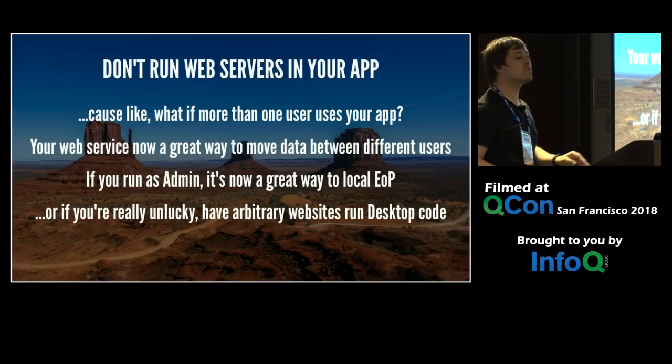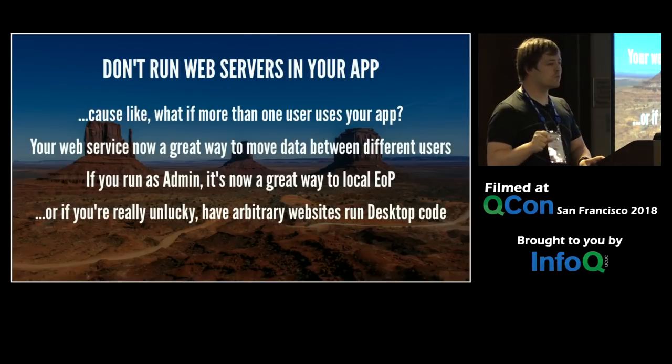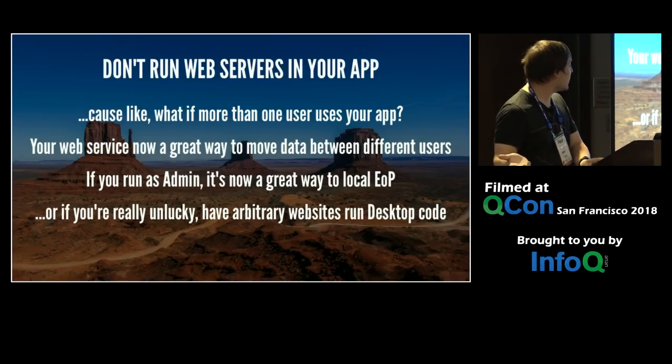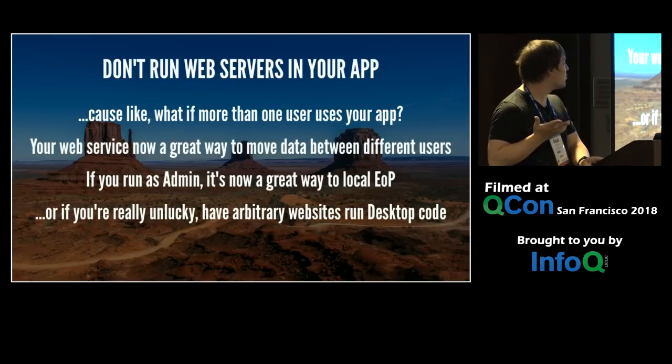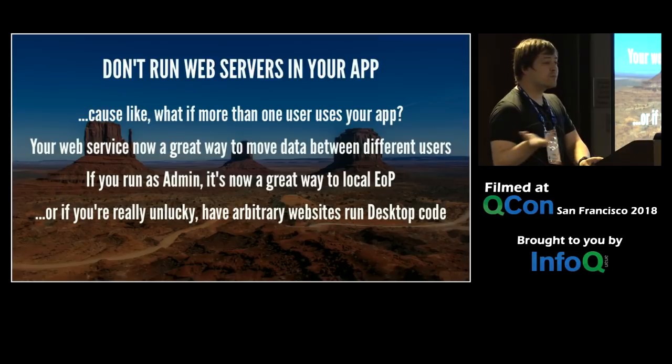This becomes a huge security problem, because now your web service running on some person's laptop is a great way to move between users, right? And one of those users could be a website that requests from localhost. If your app runs as admin, which it shouldn't, but it can, it's a great way to do local escalation of privilege, or have websites be able to run desktop code if they're really bad.